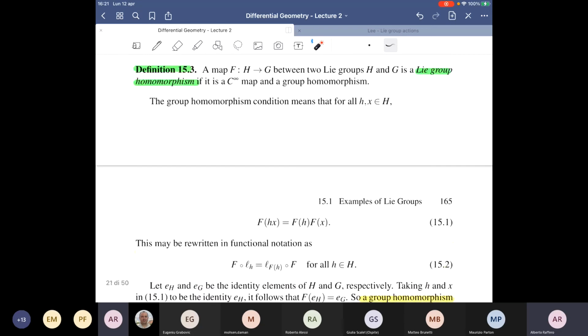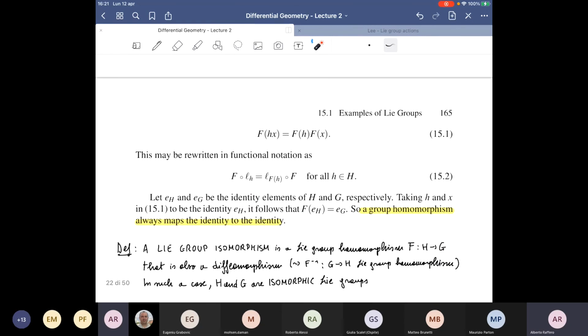In particular, if you like functions more than these expressions involving algebraic objects, you can rewrite this identity as the composition of two maps. This is the composition of the smooth map F with the left multiplication by H, and this is the composition of F with the left multiplication by F of H.